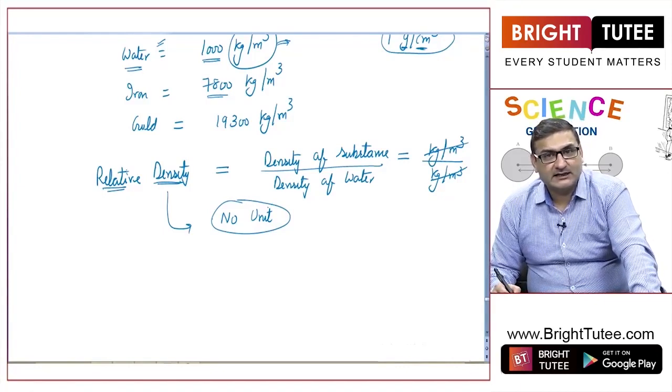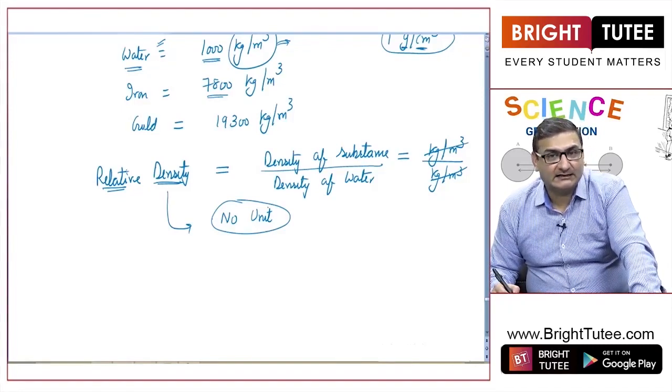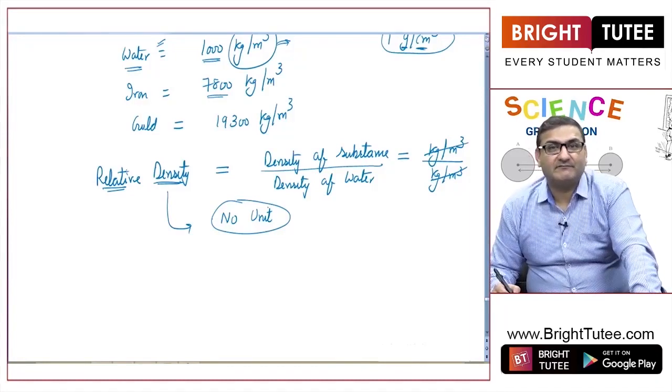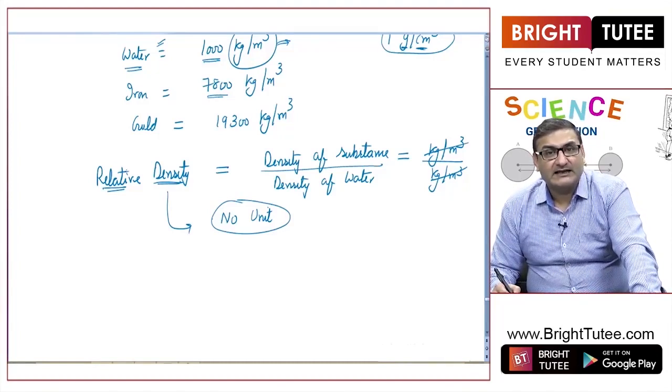And vice versa, if the density of that substance is lesser as compared to the density of water, then it is lighter than water, and that is why it will float on the surface of water. This is the case when we see cork or wood or even ice. Ice is made up of water only, but when it is converted into solid form, its density decreases.